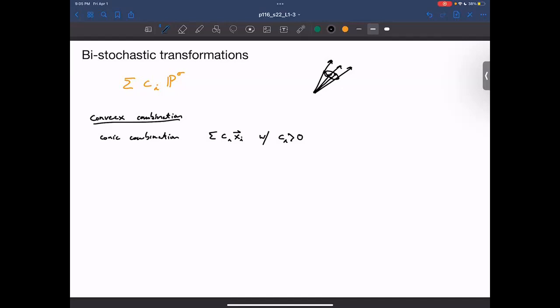We could also have what's called an affine combination. This is where we have the sum of c_i x_i, with the sum over c_i equal to 1. So a convex combination is both an affine and a conic combination.